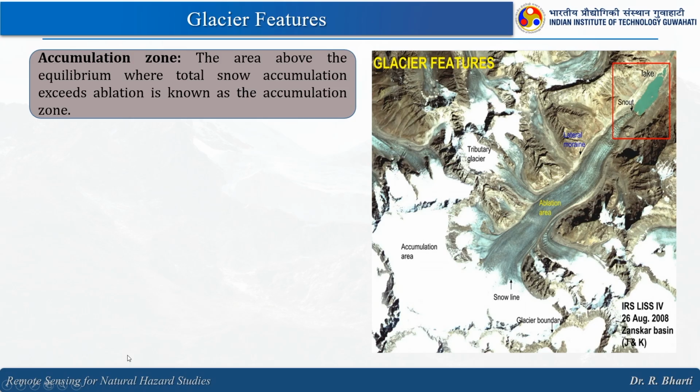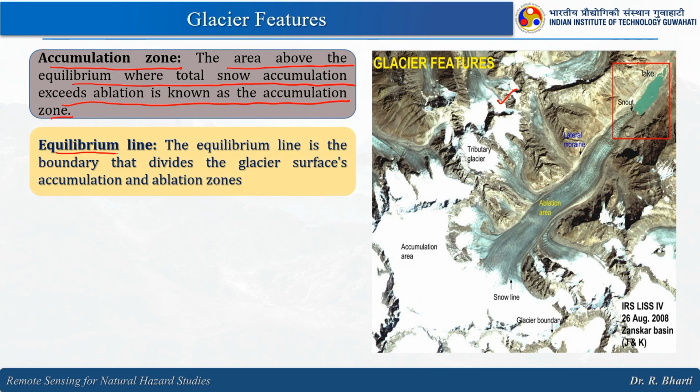Let us see the different features of glaciers. Here you have the accumulation zone. The accumulation zones are basically at the higher altitude. The area above the equilibrium line where total snow accumulation exceeds ablation is known as the accumulation zone. Then we have the equilibrium line.